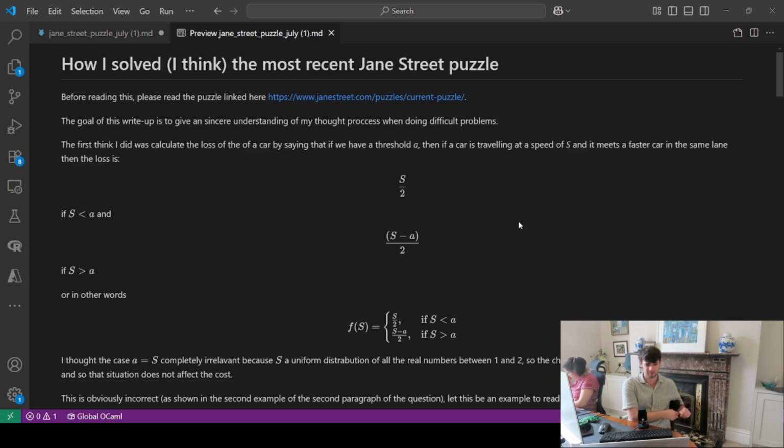talking about. And so the first thing I thought was obviously to calculate the loss of each car when it gets overtaken.